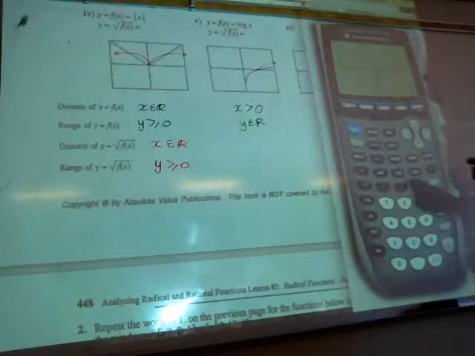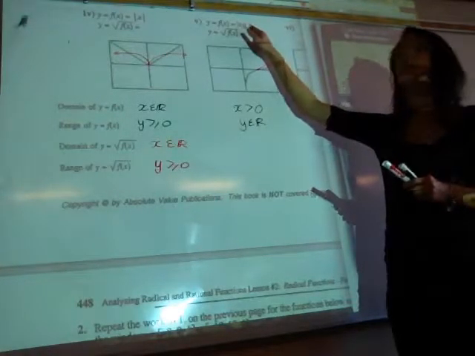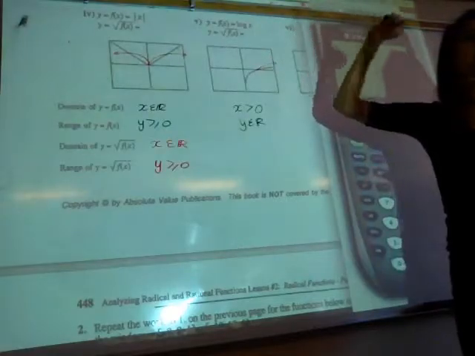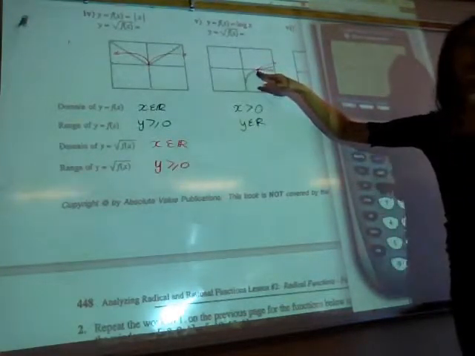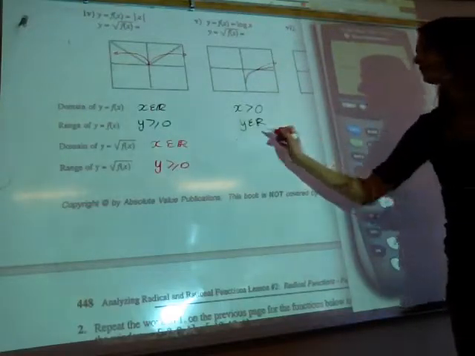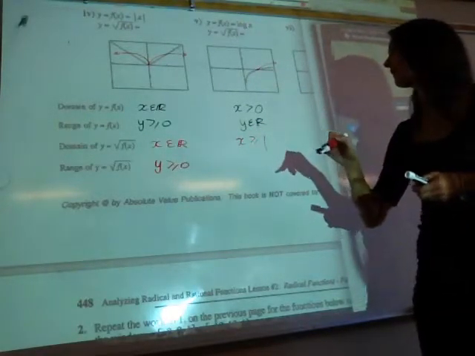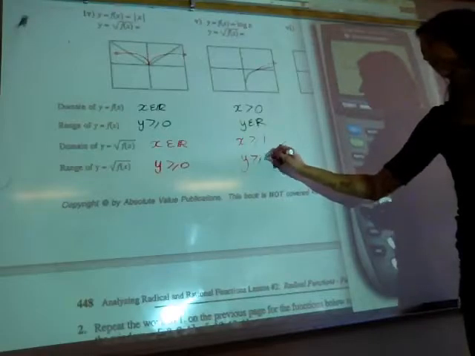So the domain, do you guys remember the x-intercept for log x? 1, you got it. So it happens to start at that x-intercept. So x will be greater than or equal to 1, and the range is y is greater than or equal to 0.